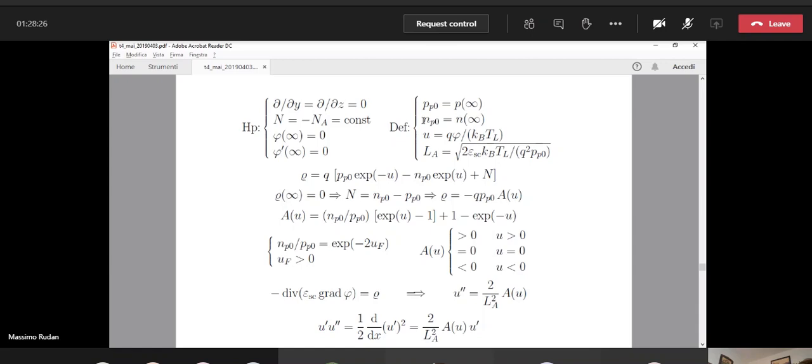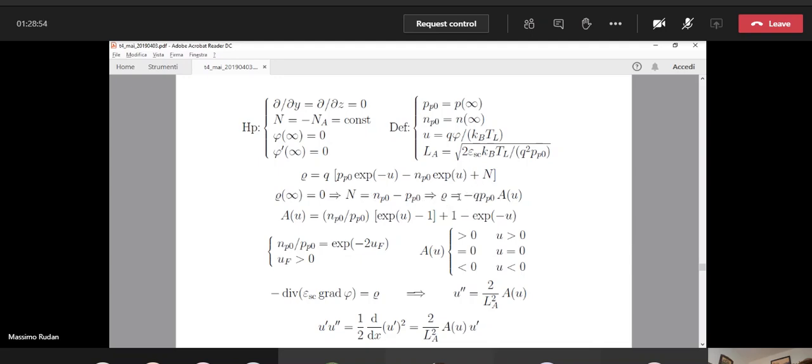So rho at infinity is equal to 0. That means that PP0 minus NP0 plus N is also 0. That means that N can be written as NP0 minus PP0. So we replace N in this parenthesis that I'm marking now here with this expression.